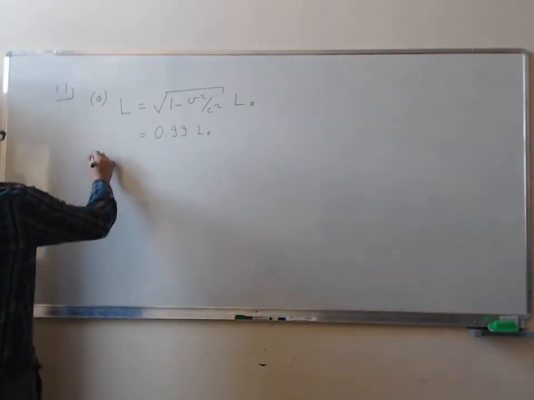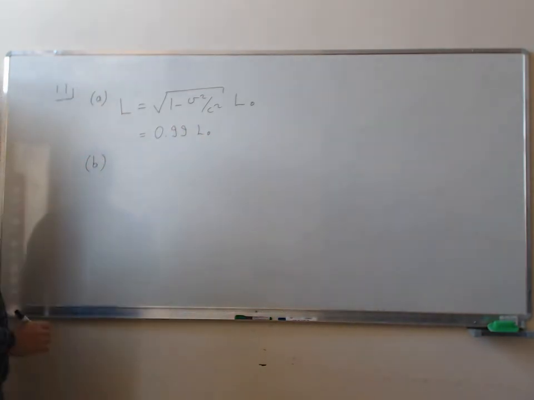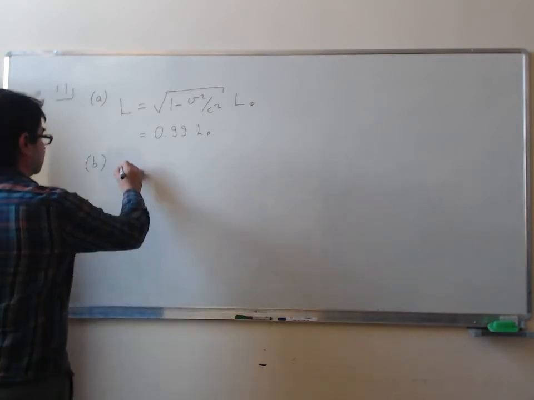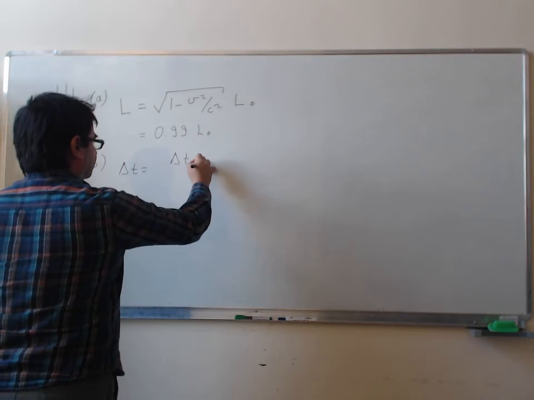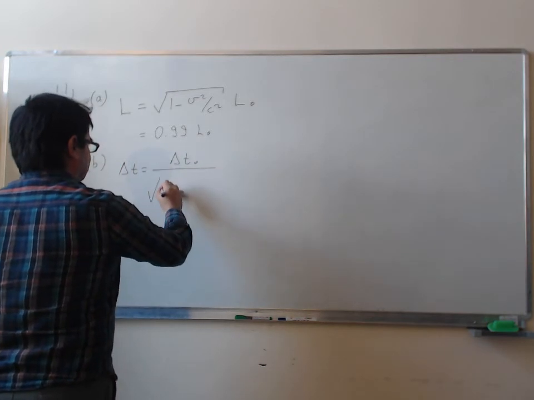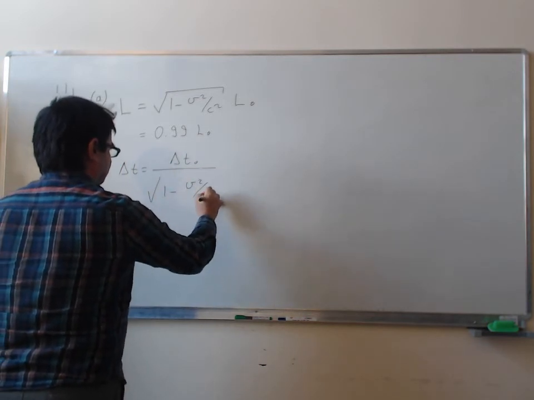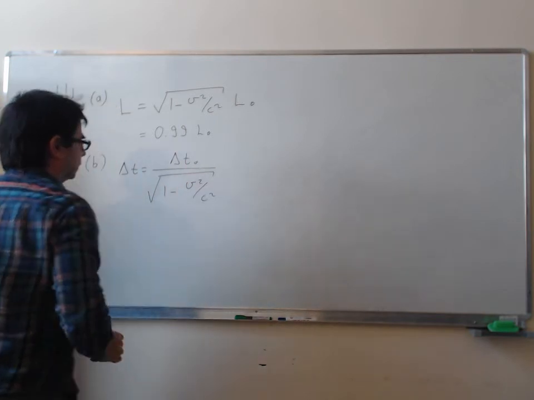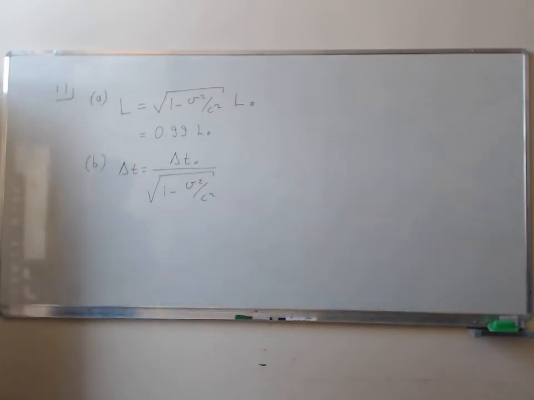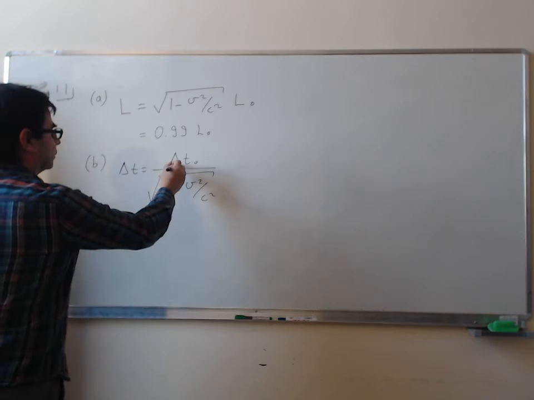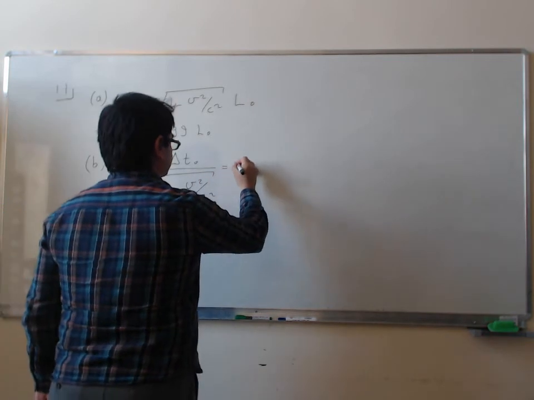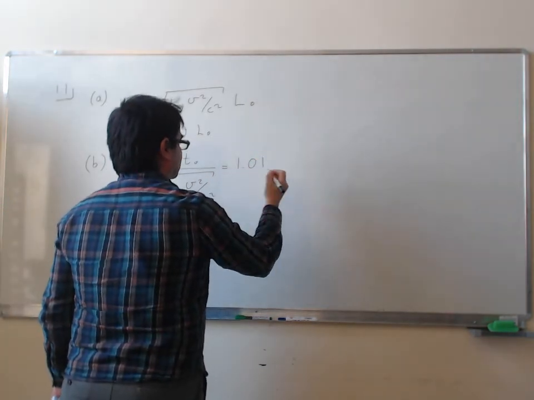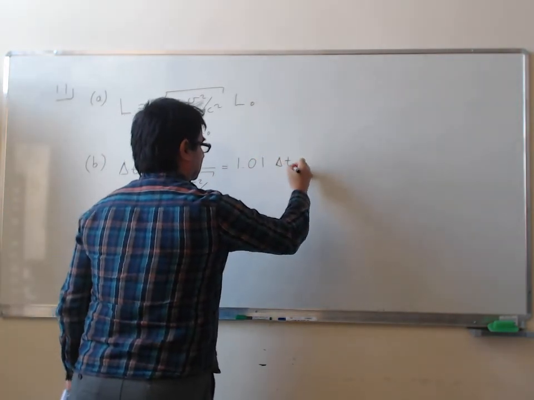Now for part B, they're asking for the change in the time interval, time dilation. So delta t is going to be delta t naught, the proper time measured between two events, divided by this so-called gamma factor or Lorentz factor. And this is going to increase, so this is going to be equal to 1% larger than the proper time.